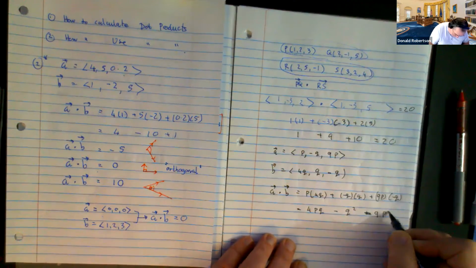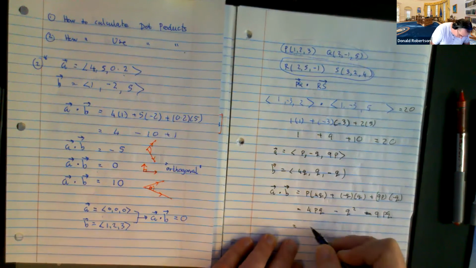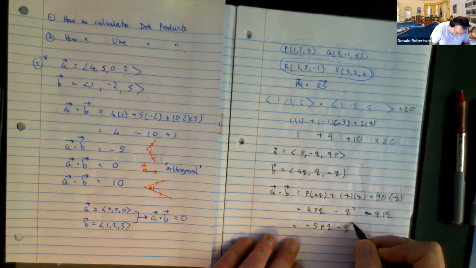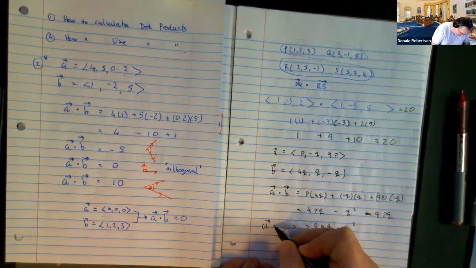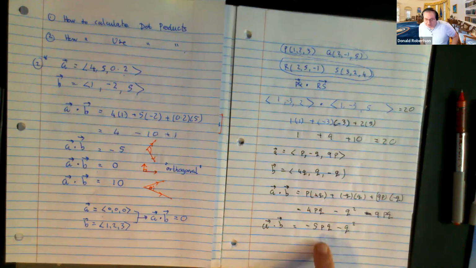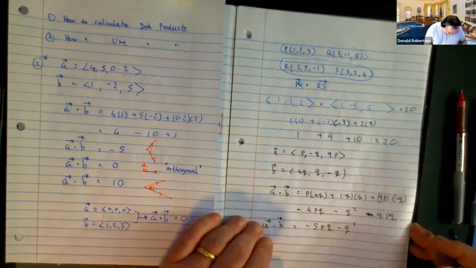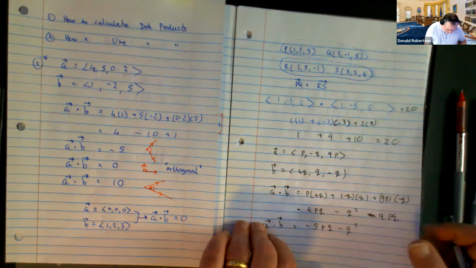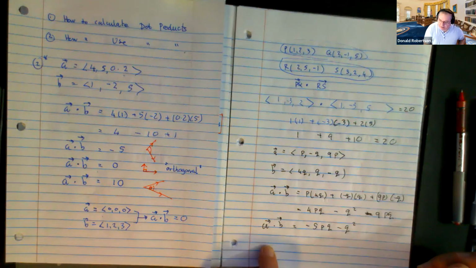Take away 9PQ. So the answer would end up being -5PQ take away Q squared. So really, couldn't we do a dot product, even although the answer is not a number, we can still do the process of calculating a dot product. Are we cool on that?